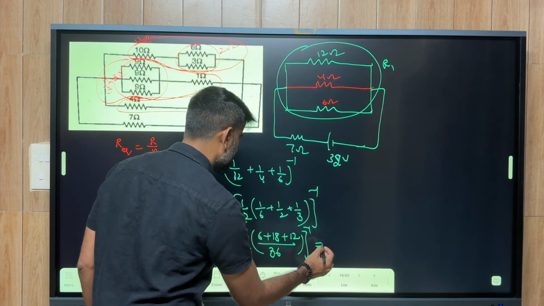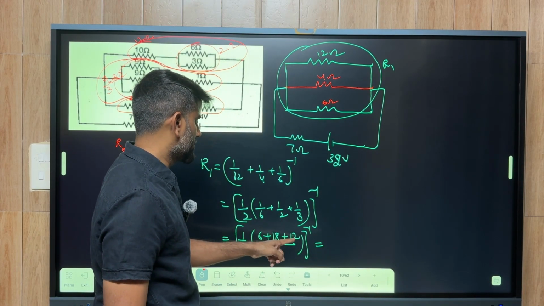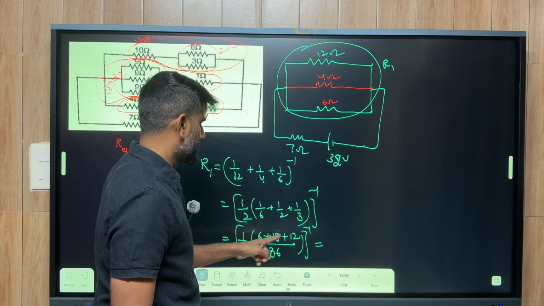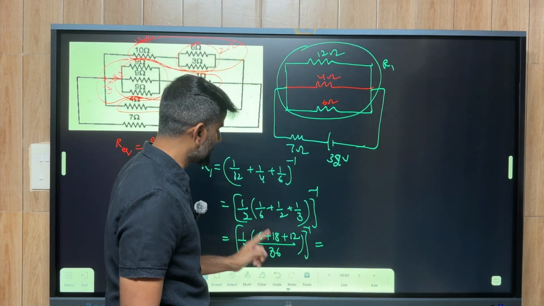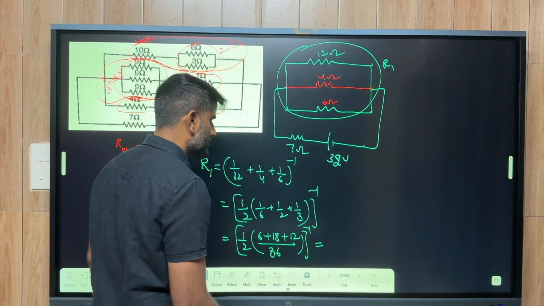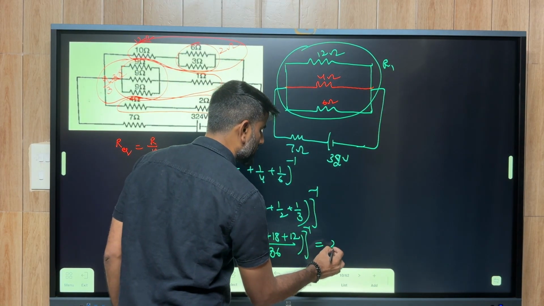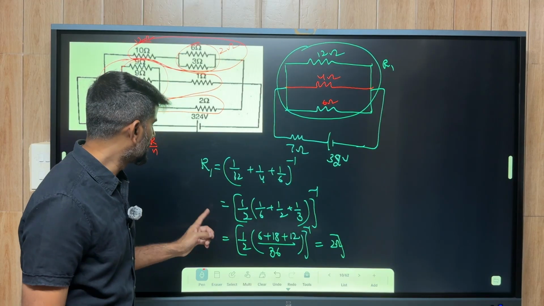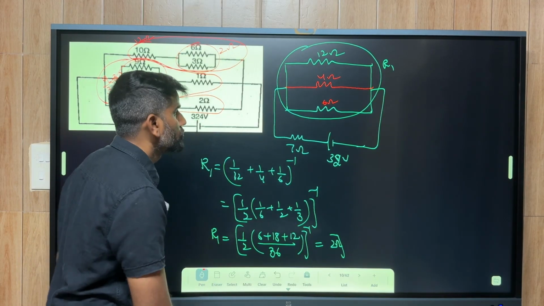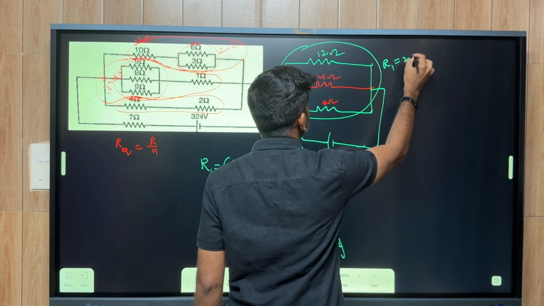How much am I getting? 18 plus 12 is 30, 30 plus 6 is 36, 36 by 36 is 1. 1 means we have inverse here, so I am getting 2 ohms resistor. R1 is equal to 2 ohms. This entire thing is 2 ohms.